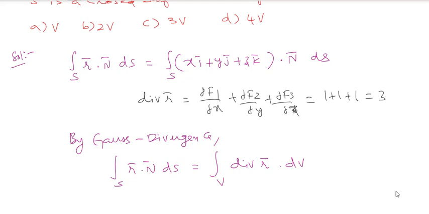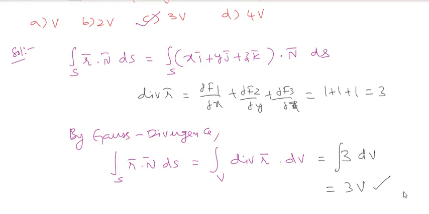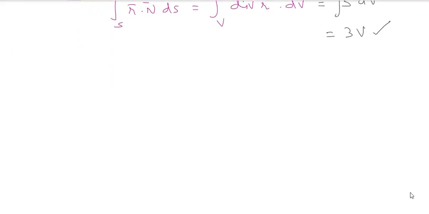What is the divergence here? 3. So it is 3 integral dv, which is nothing but 3 into V. That's all. It is a direct application of the theorem. So the answer for this is 3V. Clear? That is how you have to solve these. Next, let me take one more problem.